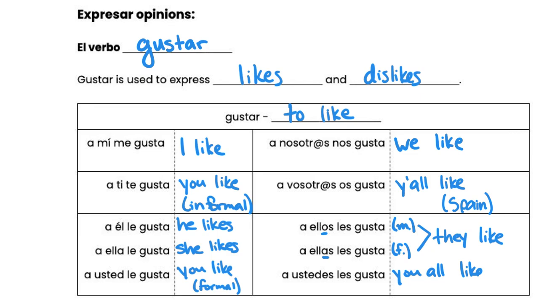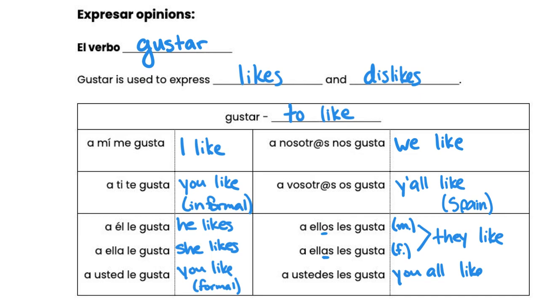All right, now there are 2 things that I want to point out to you guys about this, because gustar is such a weird verb, very different from all the other verbs that we're going to talk about. The first is that if you have heard gustar used at some point, you may have heard people say, "Oh, me gusta, I like it." You probably have not heard them say, "A mí me gusta."